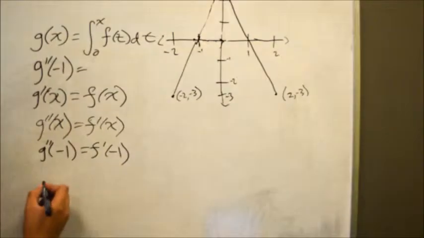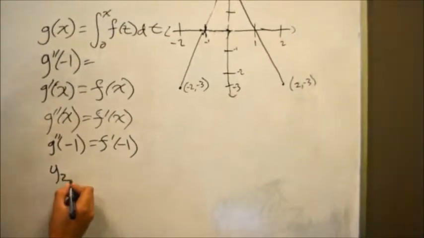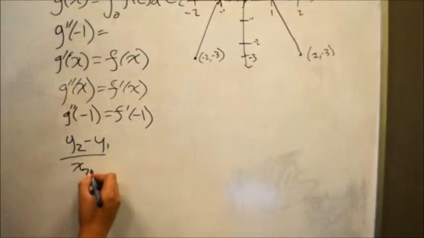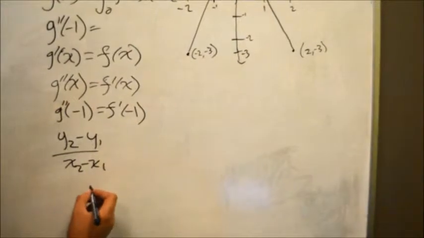To do that, we do y sub 2 minus y sub 1 over x sub 2 minus x sub 1.